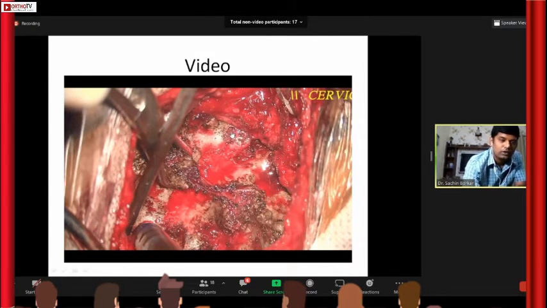So we just started with the awl, and then we put a drill up to 12 mm or 14 mm drill. And after drilling, we tap it, feel it with the probe, whether it's bicortical or not, and put a screw which is usually 12 to 14 mm length and 3.5 mm diameter.